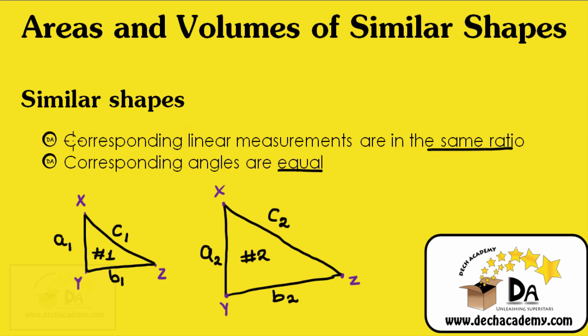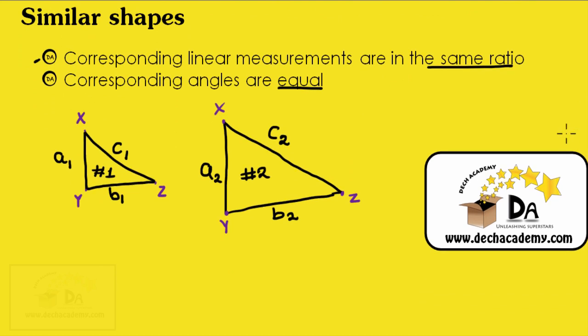So now let's just focus on the first point I made, which is as follows. For two shapes to be similar, one of the conditions that must be satisfied is that their corresponding linear measurements must be in the same ratio. In this case, the relevant linear measurement is the length of any side.